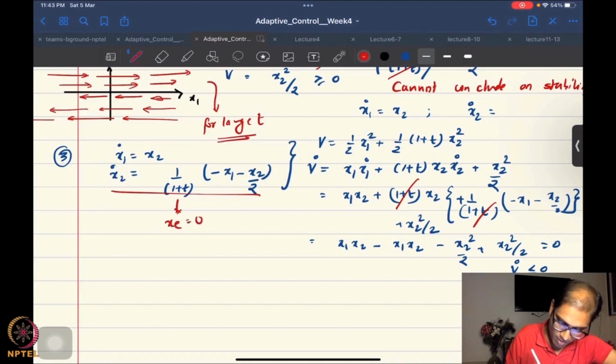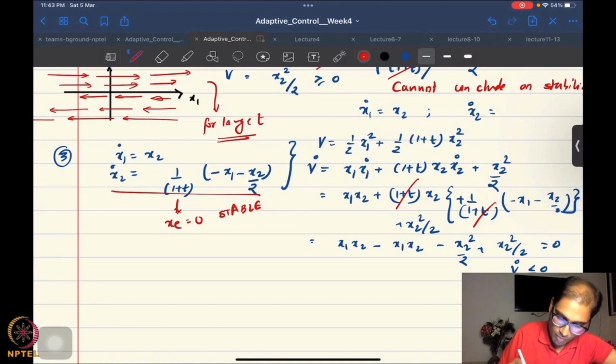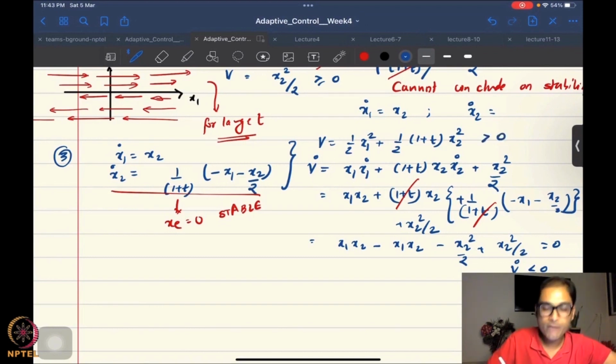So from this I definitely have stability. x equal to 0 is stable because I took a candidate Lyapunov function. How is this a candidate Lyapunov function? Notice that V is positive definite. It's not difficult to see that V is positive definite. Why?